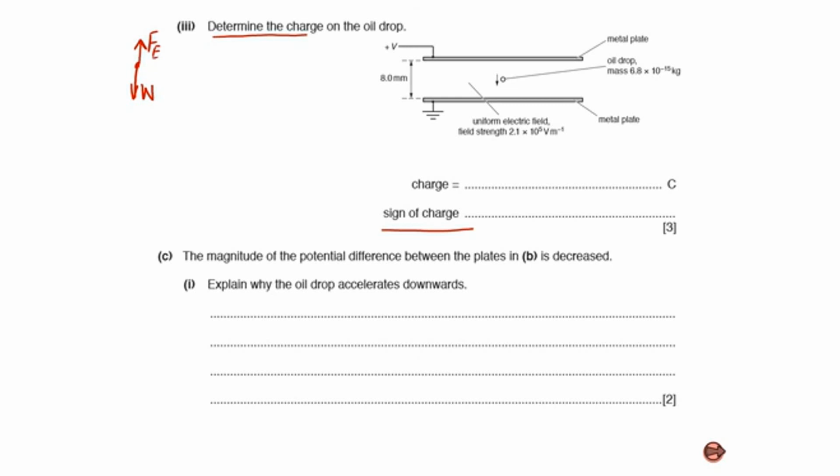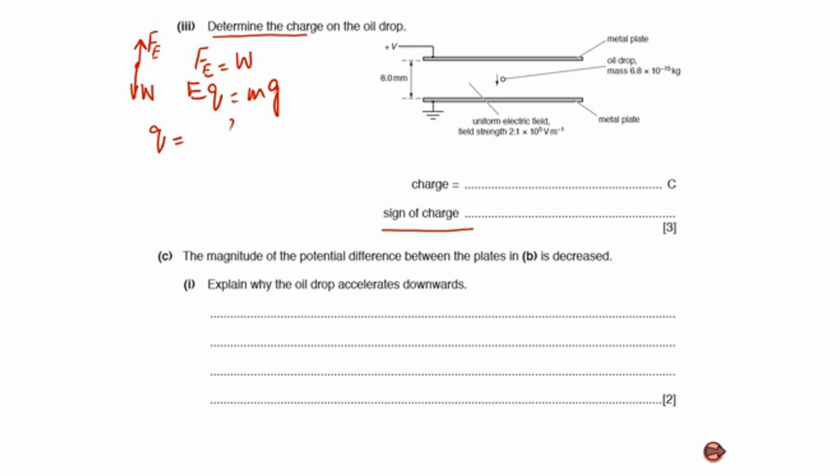From here we can understand the electric force has to be equal to W, and W has to be equal to mg, and the electric force has to be equal to E times Q, and here it is equal to mg. So what we need to find is Q.